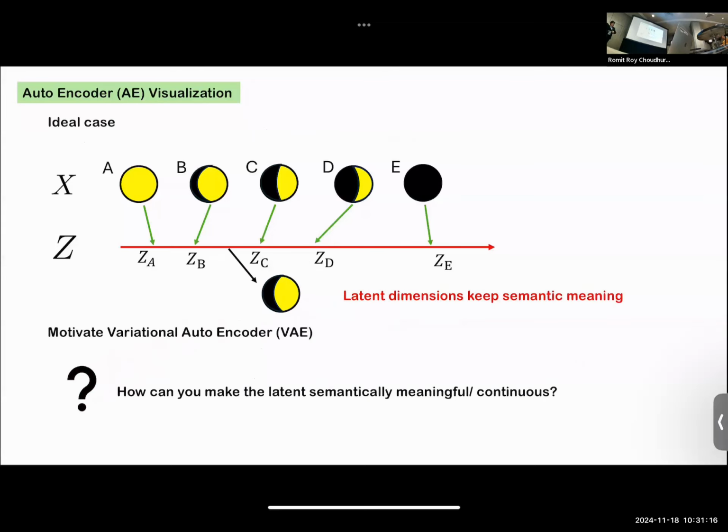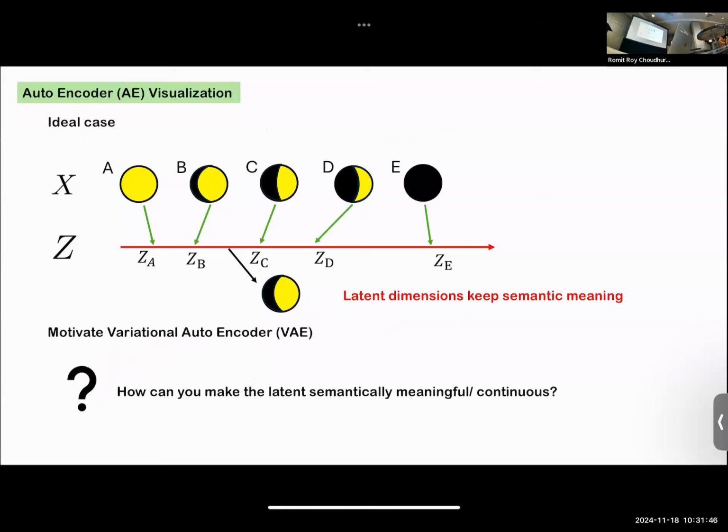Now, that motivates the VAE, the variational autoencoder. But before I tell you how a VAE is implemented, do you have any thoughts? We still want this encoder-decoder structure. How do we make the latent space semantically meaningful, or semantically continuous? Maybe we should pause and think a little bit. This is the second most beautiful idea in generative models.